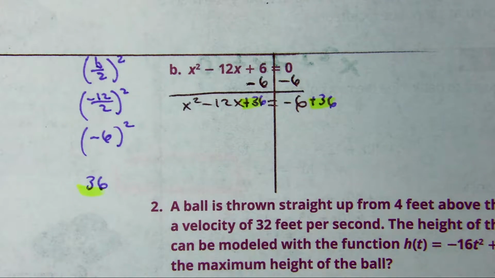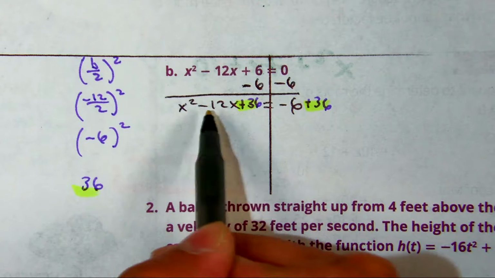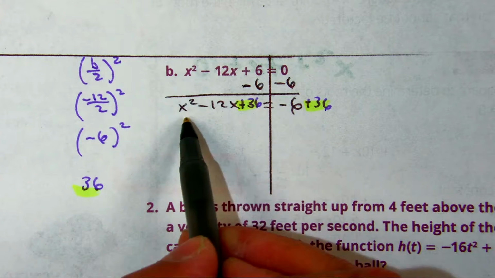Camille, what's the next step? Okay, so we're basically going to factor it and rewrite it as a binomial squared. How do I factor that?